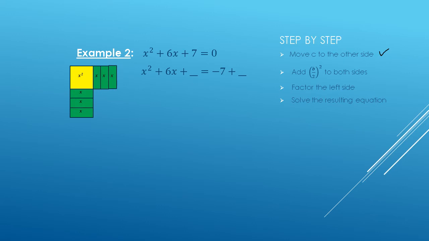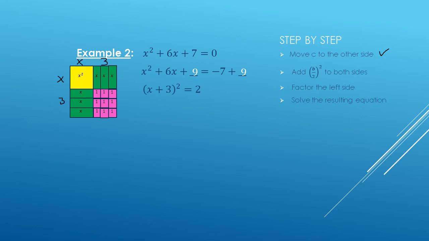That's right, I need 9 ones. So I'm going to add 9 to both sides. That means that this square is actually x plus 3 squared. And negative 7 plus 9 is 2.